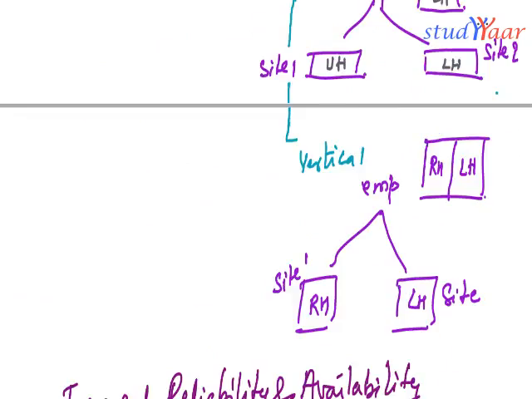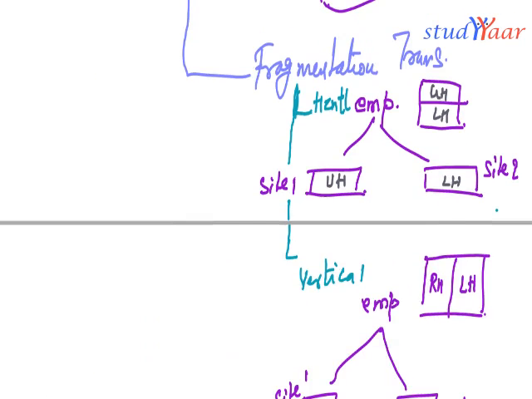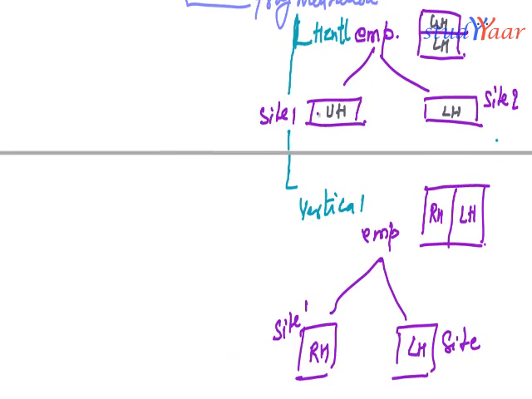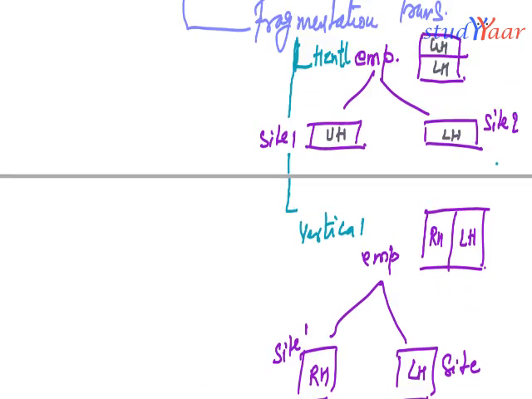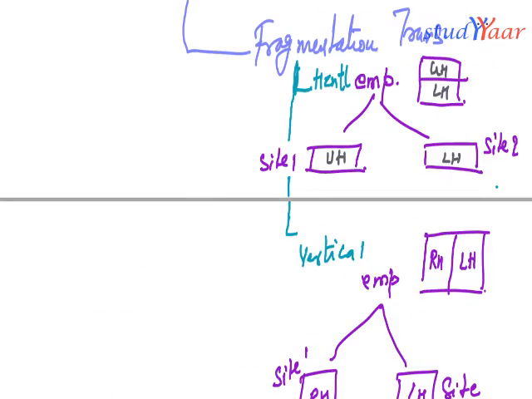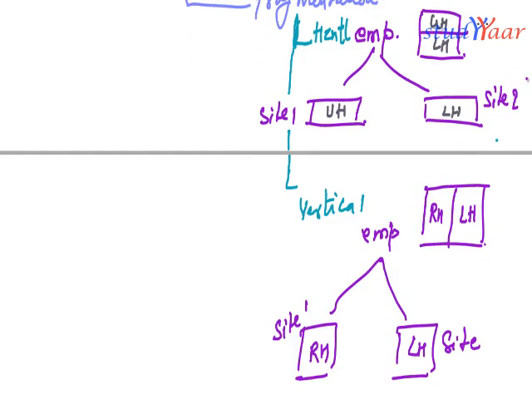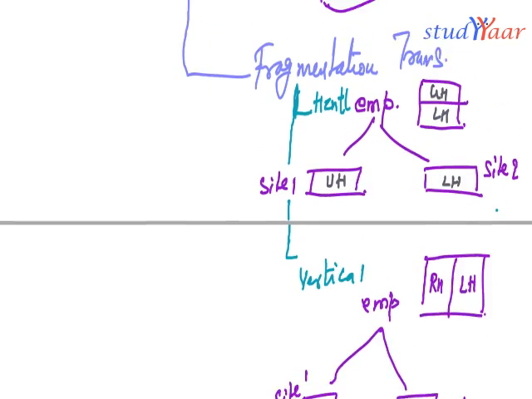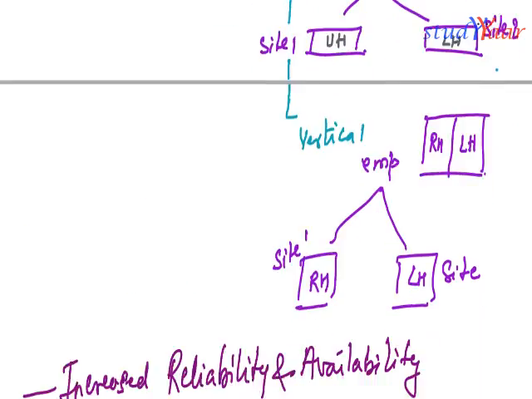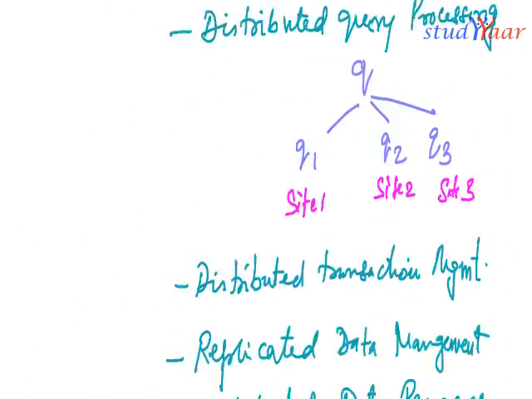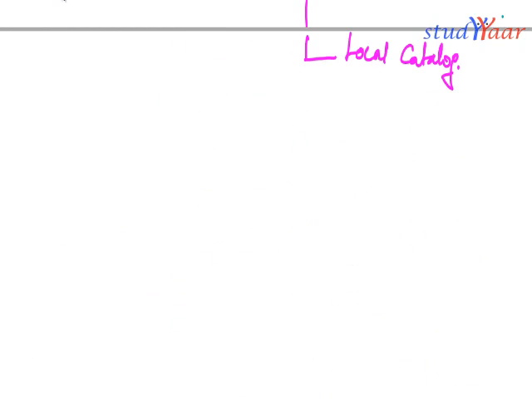Since in the fragmentation concept you know that the upper half is stored at site 1, this kind of information is going to be present at the global catalog. And my local catalog is going to tell me the interdependence or interrelation between the elements that it is storing.